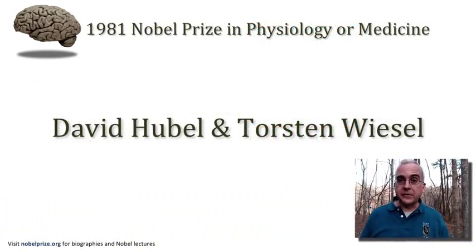Two of the leading investigators that made all of this possible are David Hubel and Torsten Wiesel, who very deservingly were awarded the Nobel Prize in Physiology or Medicine in 1981 for their foundational work on the physiology, the anatomy, and the developmental plasticity of this part of the brain.